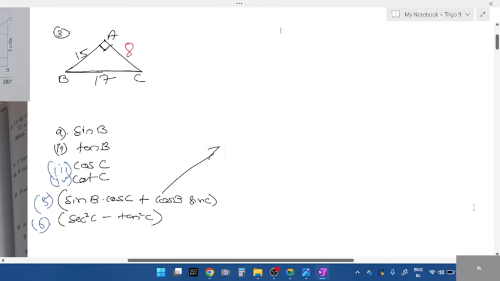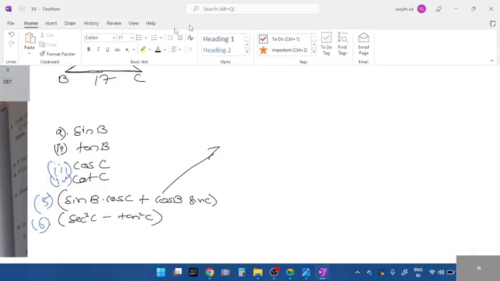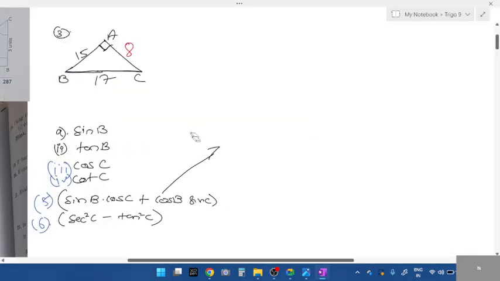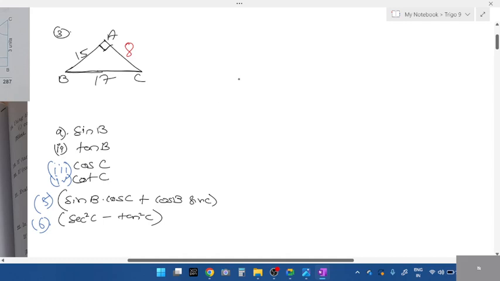Last part is, what is sec value, students? How much is sec? What's the formula? Sec formula. Hypotenuse by base. For angle C, which is base?